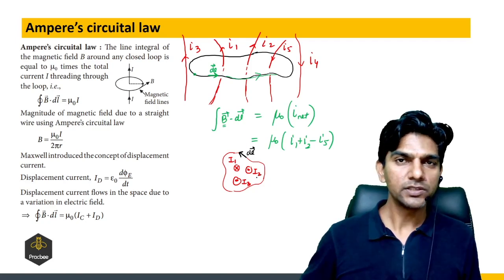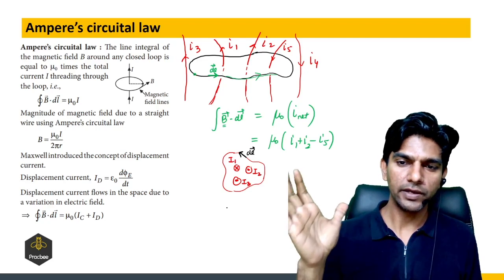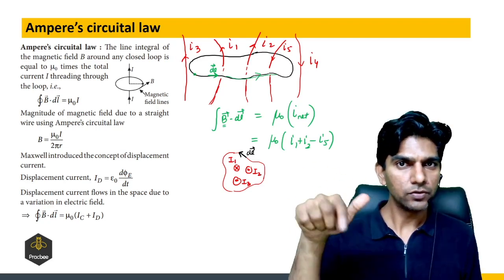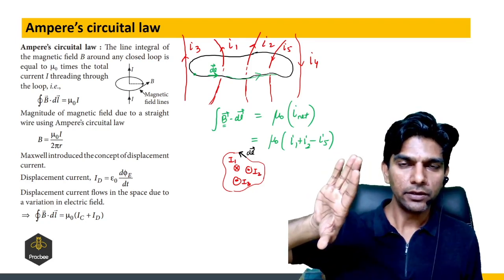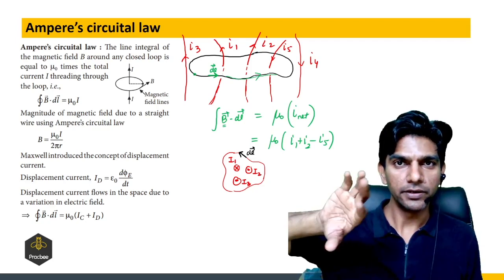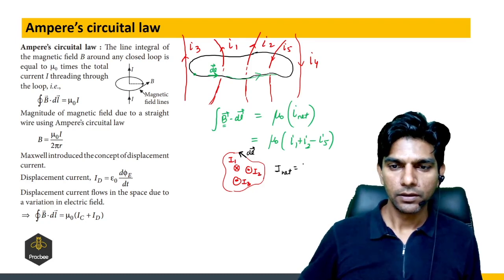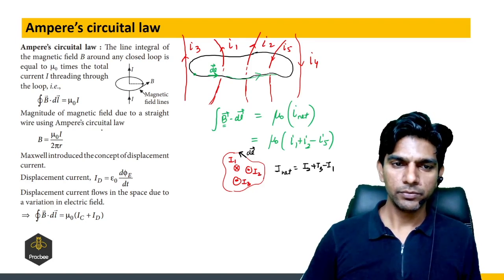So I will take I2 as positive. Similarly, I3 is also positive, because if you keep your thumb in the direction of I3, the fingers are curling in the direction of integration, in the direction of dl. But for I1, the thumb is pointing into the plane, so if I curl like this, it is opposite to the direction of integration. So in this case, I net will be I2 plus I3 minus I1. Got it? So that you should remember.